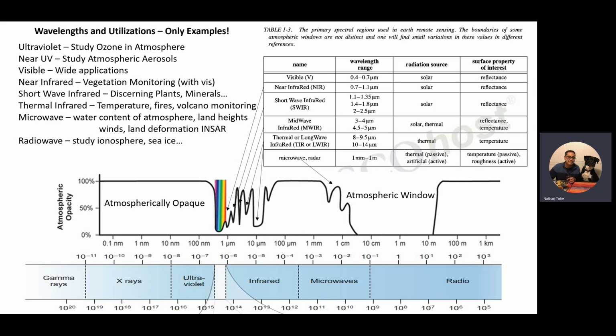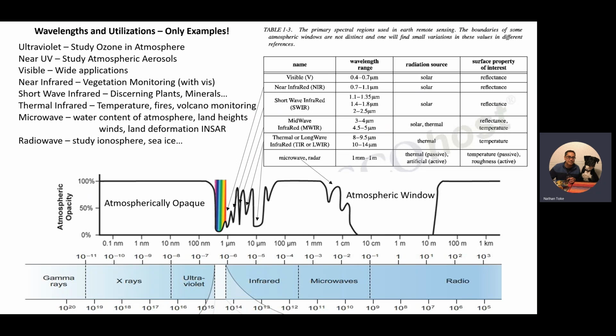Near infrared, so as we move towards the long wave visible to near infrared, vegetation is strongly emitting in these patterns, as potentially are animals. And then shortwave infrared is very discerning for looking at other types of plants, as well as minerals.